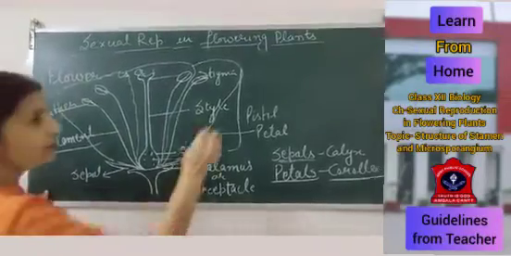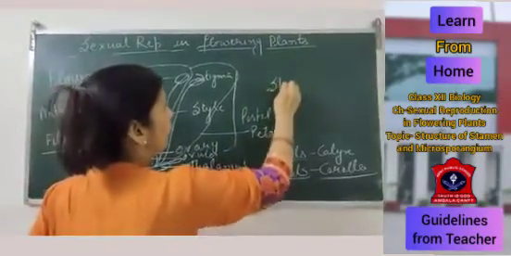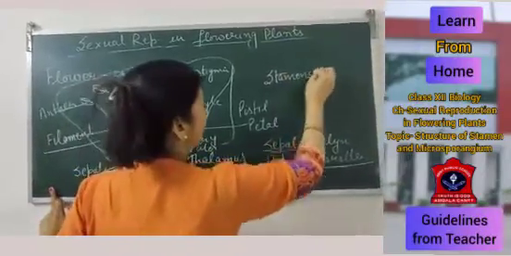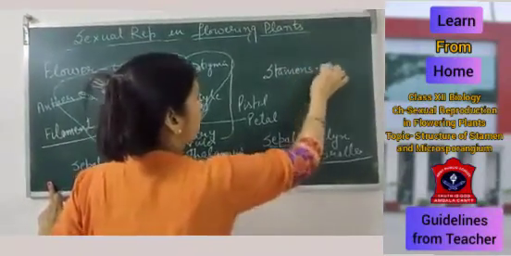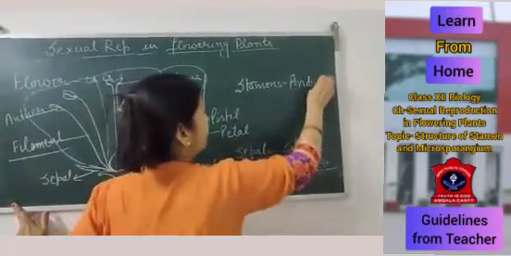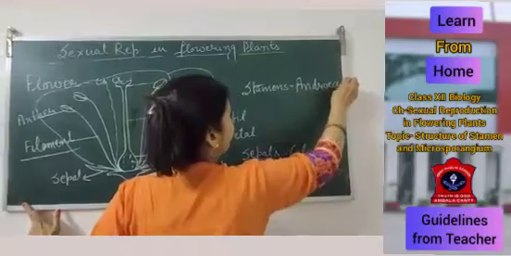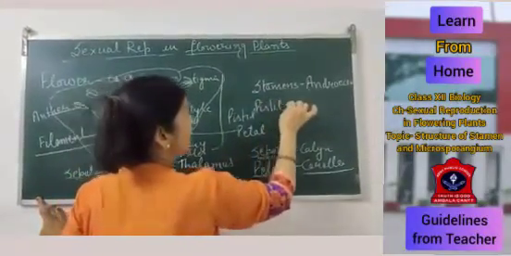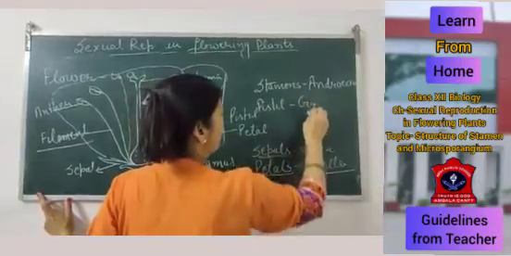The third part, stamens, together form the androecium. Pistils together form the next whorl, gynoecium.